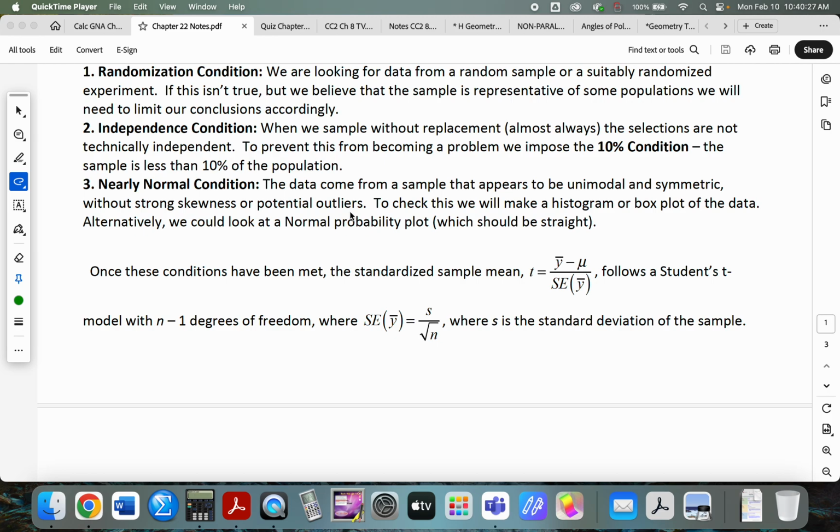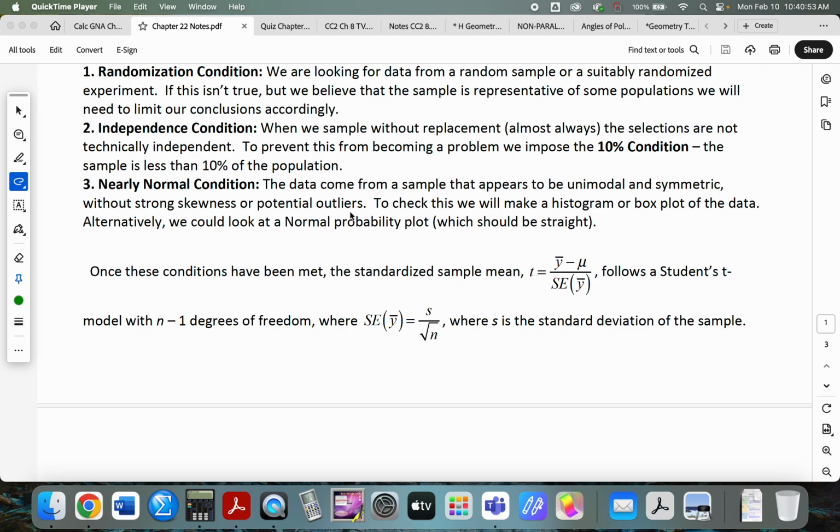And then the nearly normal condition: the data come from a sample that appears to be unimodal and symmetric, without strong skewness or potential outliers. So part of this is, did you take a big enough sample to make it no longer skewed or no longer bimodal?